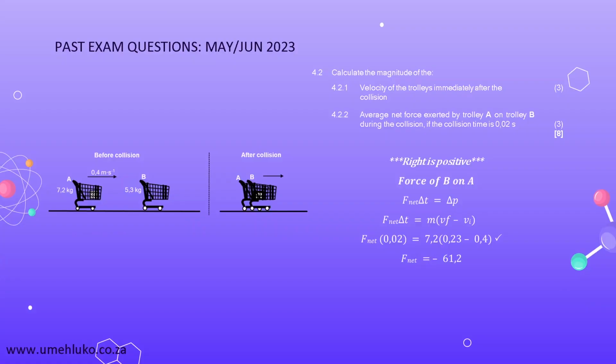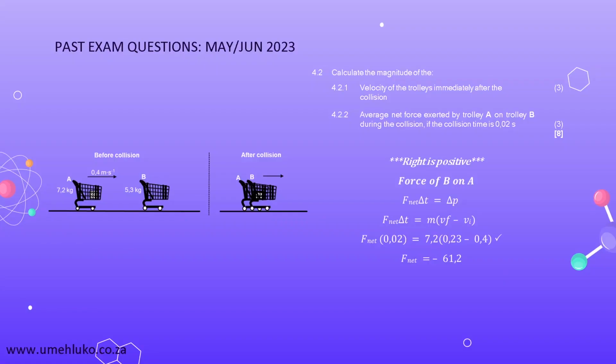What it means is that the force of B on A, check out B. B was stationary, A was moving to the right. So A will exert a force on B that is more to the right. According to Newton's third law of motion, if body A exerts a force on body B, B will exert the same amount of force on body A, but in the opposite direction.